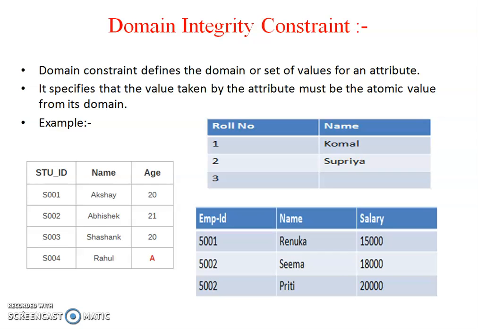For example, we can set a default constraint by assigning the value 10,000 to the column exam fee in the student table, so that if the user does not give any value for that column, it takes the default value of 10,000. And the next constraint is the check constraint. This constraint is used to state a user defined constraint for the column.